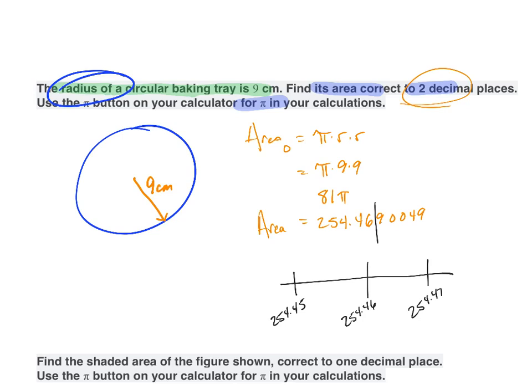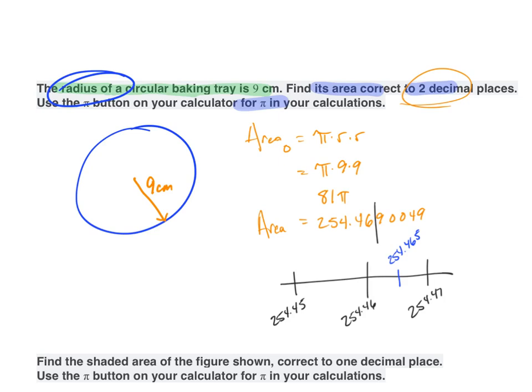And remember that right here in the middle is 254.465, because it's 46.5 hundredths or 465 thousandths.